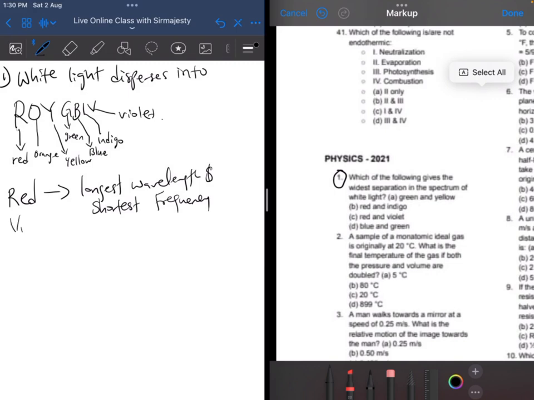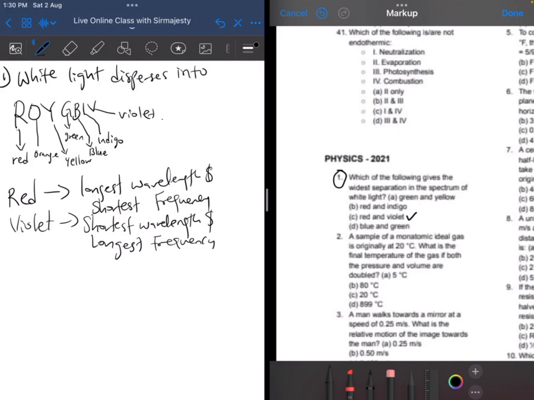While violet has the shortest wavelength and longest frequency. So with this, we can answer this question. Widest separation is going to be between red and violet. So therefore, our answer is option C.